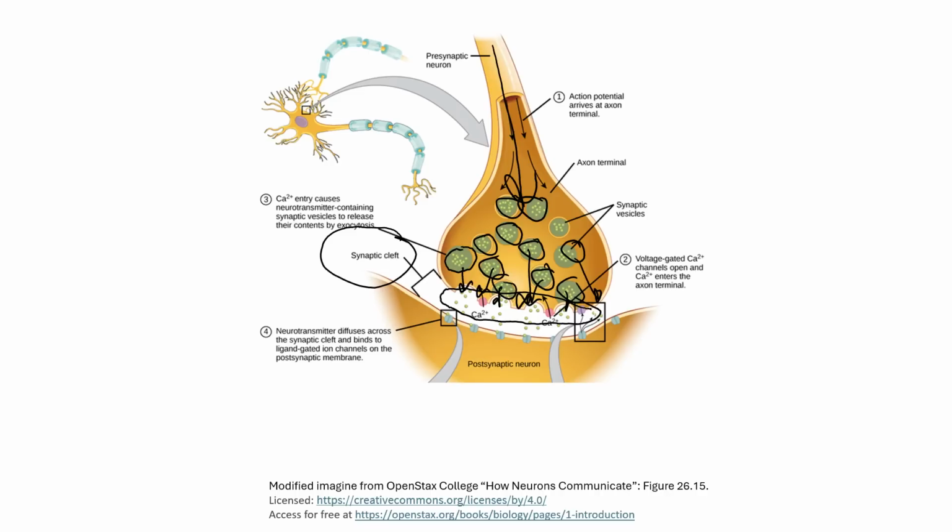Well, if you look at the dendrite, the portion of the dendrite that is right underneath where the axon terminal button is, you'll find that there are receptors that exist on that dendrite. So let's take a closer look at that.